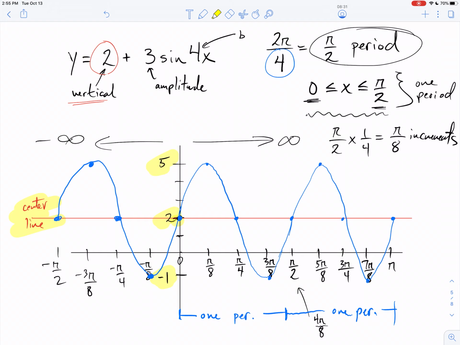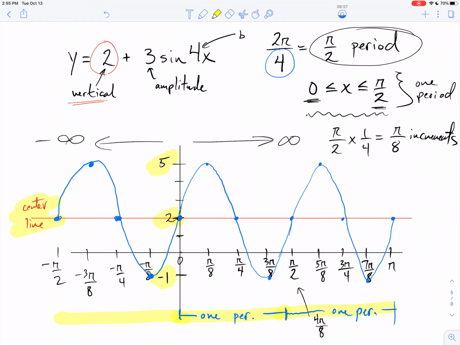Then, for sure, if it says graph 2 periods, I don't care if you do 1 period on this side and 1 on this side. But this graph right here has 3 periods graphed. If the instructions say 2 periods, don't give me 3. Don't give me 1. Don't give me 1.5. If it says 2, give me only 2.